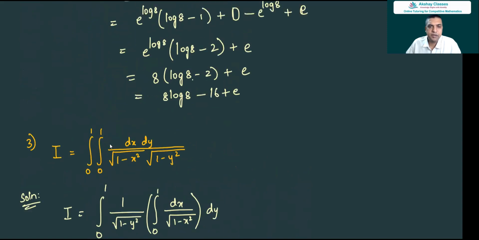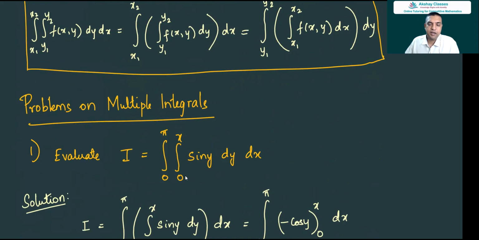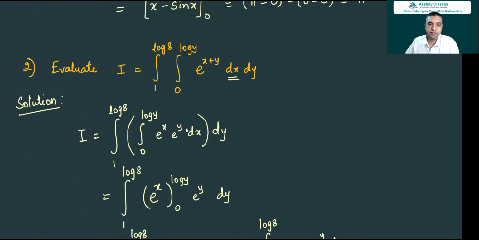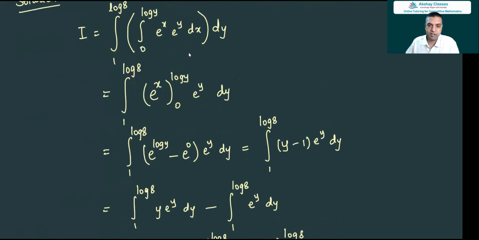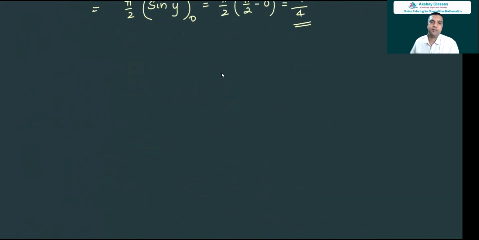So these are the simplest types of integrals, where either y is a function of x, as in the first example, or x is a function of y, or the limits of both x and y are constant.